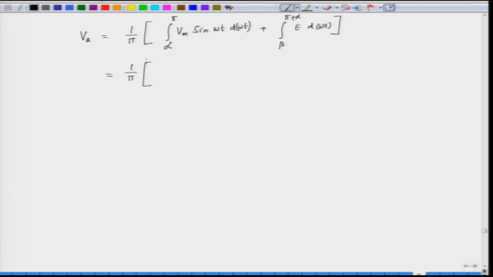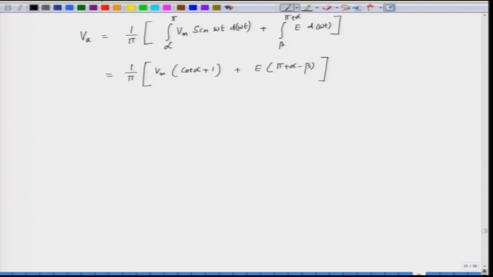Now, this is V m into cos alpha plus 1, and the second term will be the back EMF E into pi plus alpha minus beta. So, this is the armature voltage.